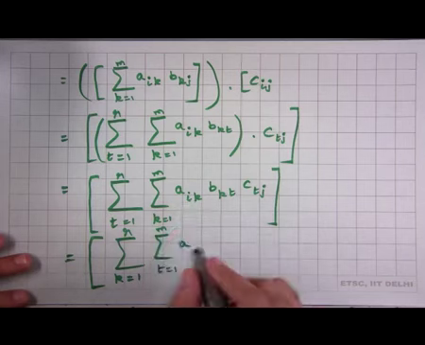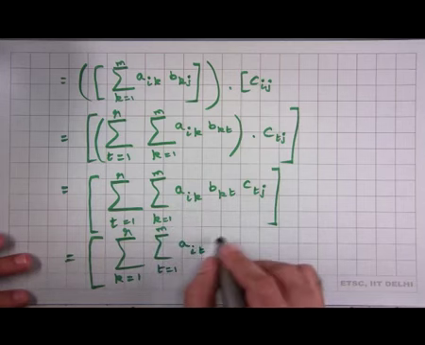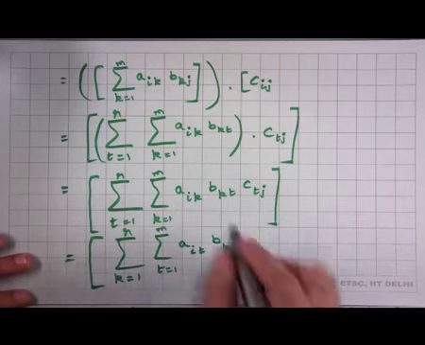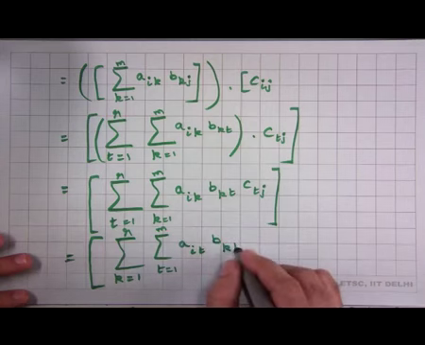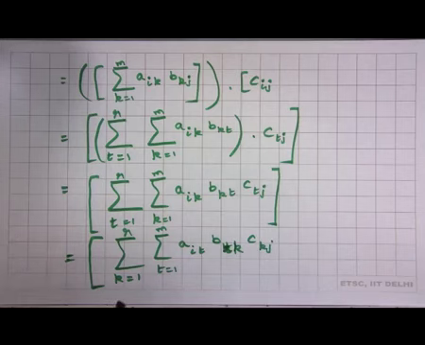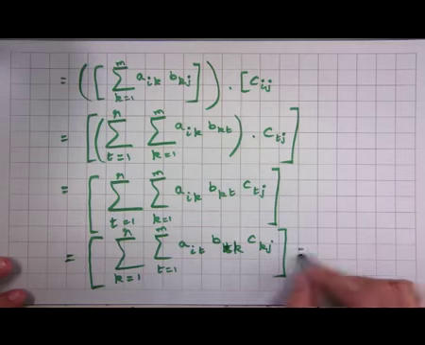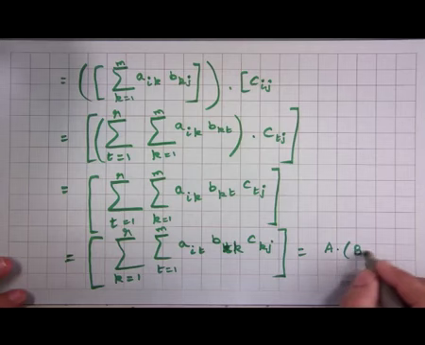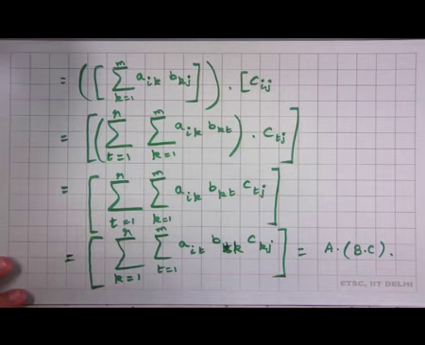I have replaced k by t, a_it, and t by k, b_tk, sorry, yes, and c_kj. This is what I have. Now, just look at the expression that we had last time, and you can notice that this is exactly the same as a dot b dot c. Thus, we have shown that the matrix multiplication is associative.